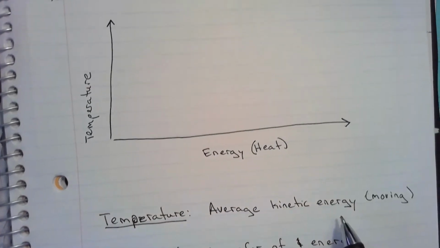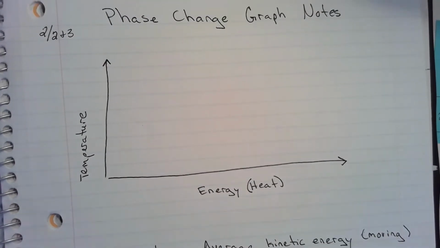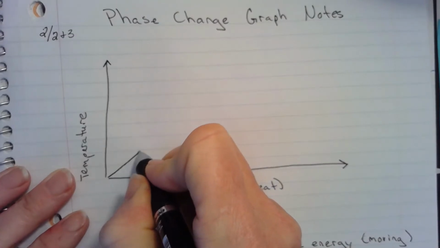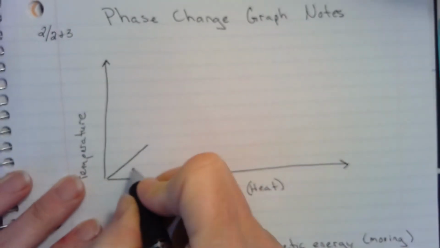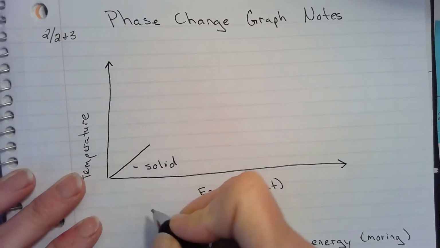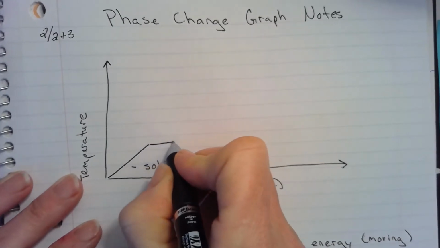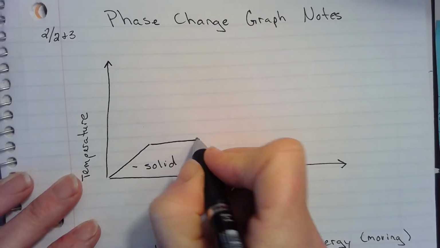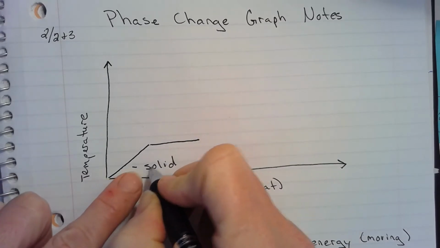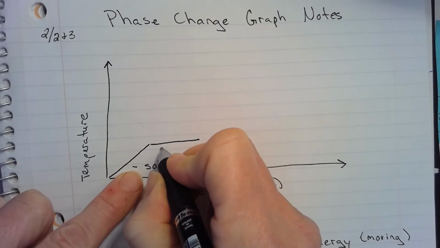Okay, so let's look up here at our phase change graph. So when I see this line, this is a solid. And then I'm going to go up. As my energy goes up, if I go from a solid, this here is melting.